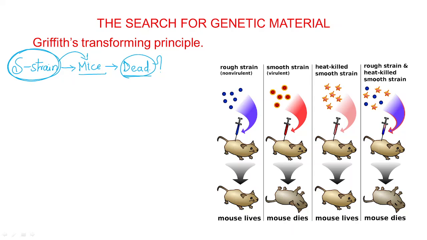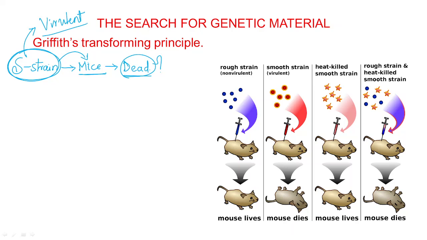Which disease? By the name itself you can understand, it is pneumonia. By means of pneumonia the mice died. Then he came to the conclusion that S strain bacteria is virulent.